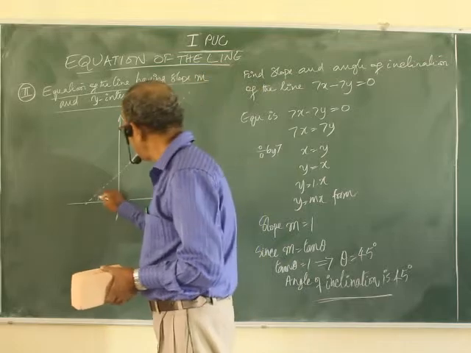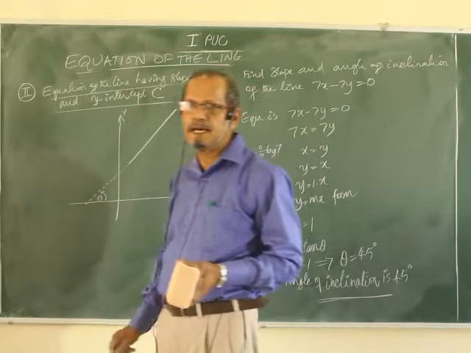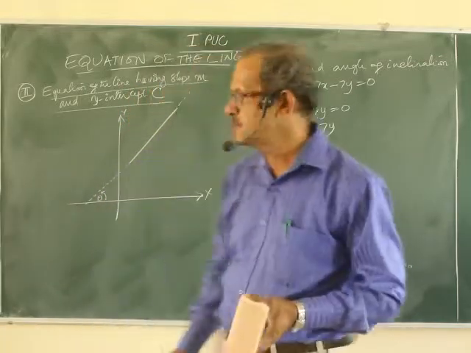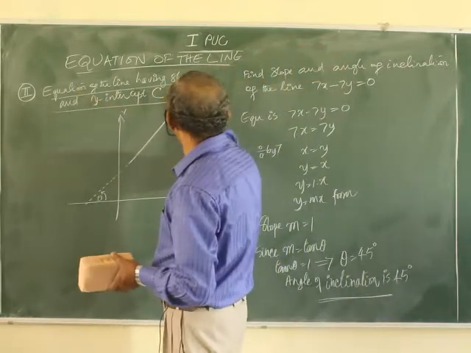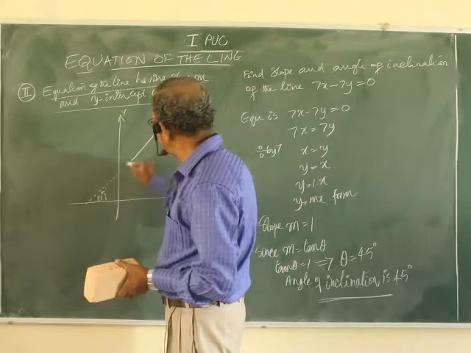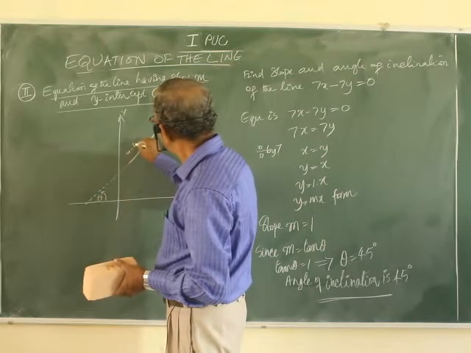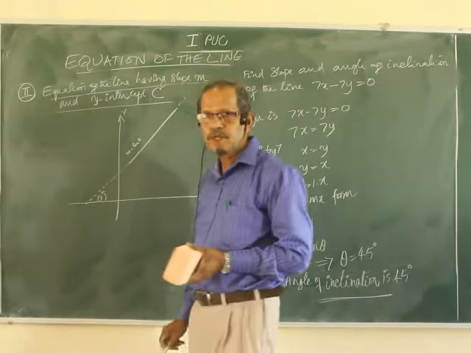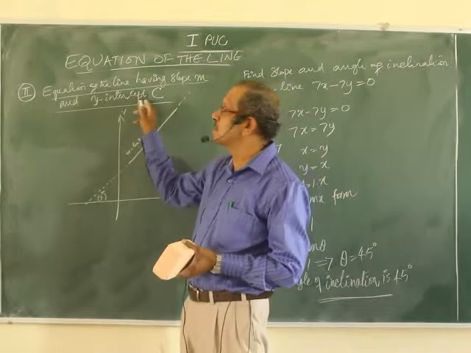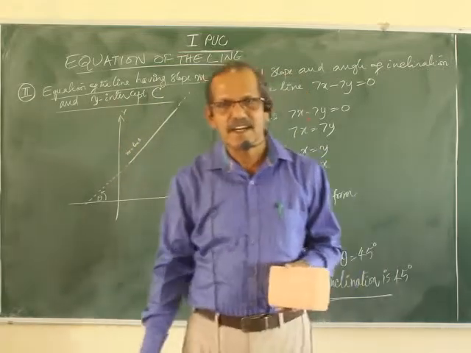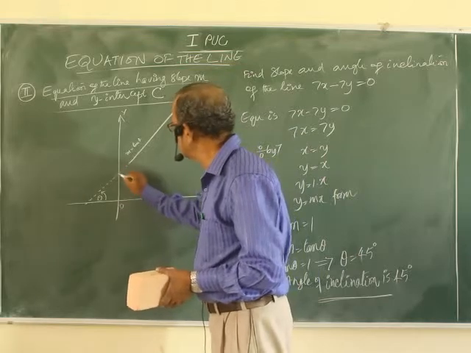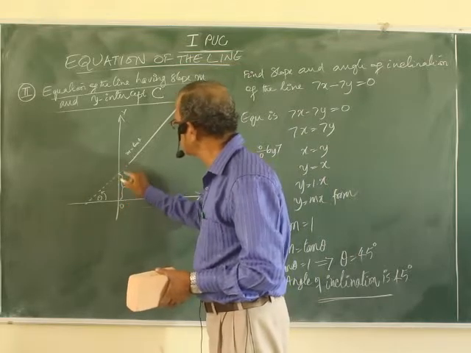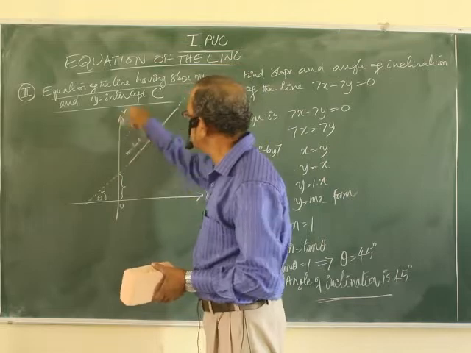Now, angle of inclination should be there wherever it may be, no doubt. Having slope m, tan theta is given. And what is this? Y-intercept. It is the distance from the origin to the point of intersection of the line with y-axis.